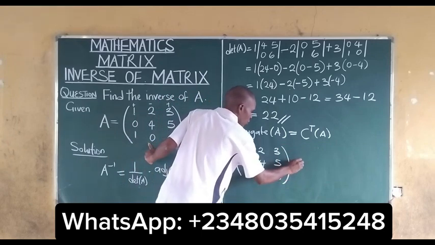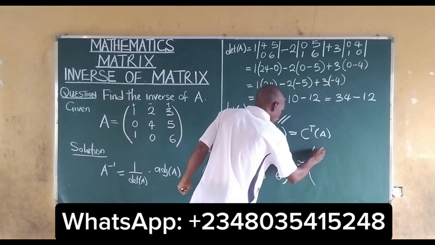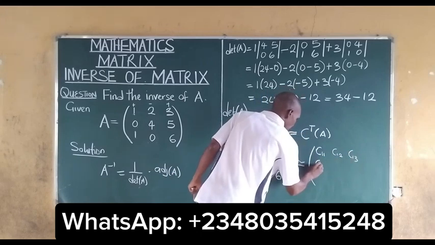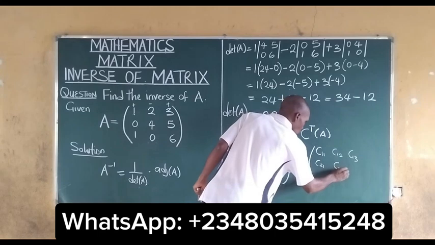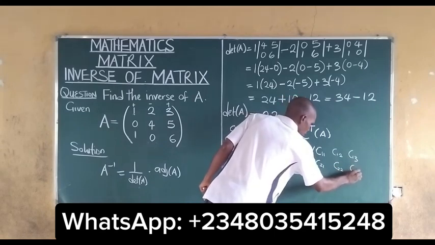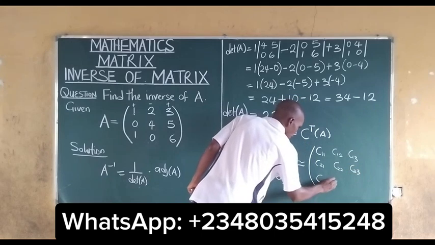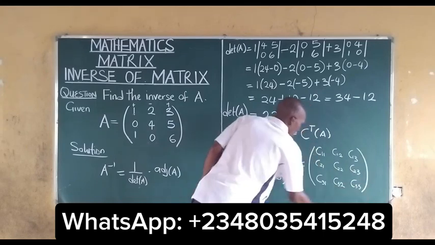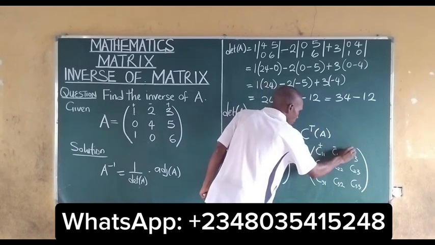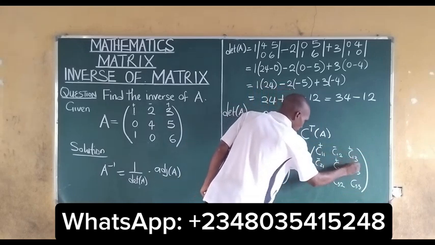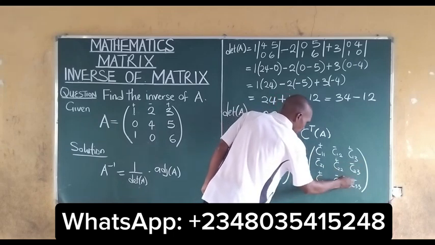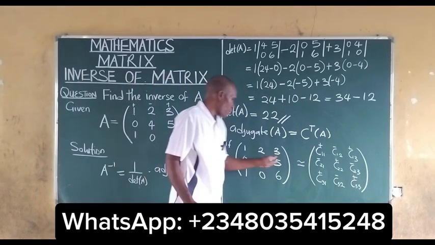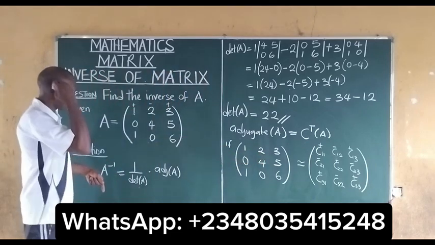The cofactors can be written as C11, C12, C13, C21, C22, C23, C31, C32, and C33. The signs are plus minus plus, minus plus minus, plus minus plus. This is how we go about the cofactors.